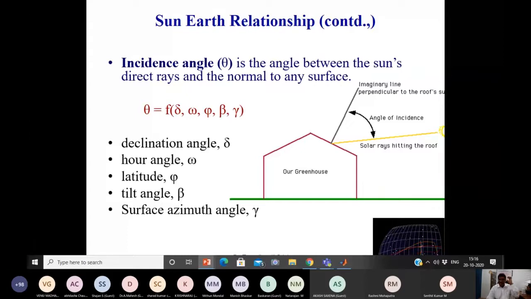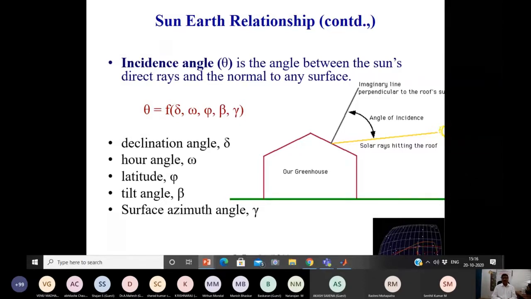The surface azimuth angle is almost the same as the solar azimuth angle. There are two types of azimuth angle. Generally, we have to see the azimuth angle on a horizontal surface, because the shadow of the sunbeam is falling on the ground.